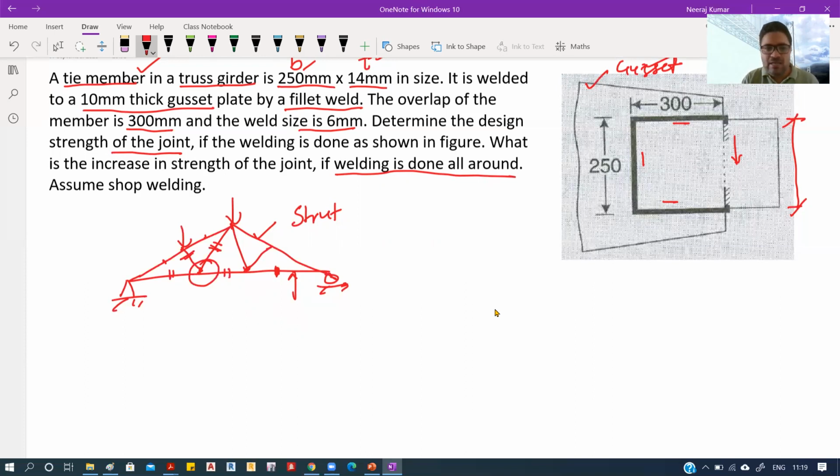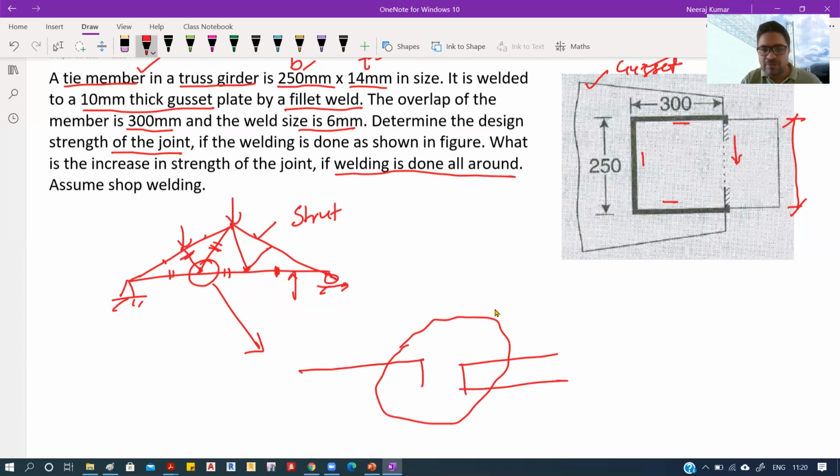If I enlarge this joint, I can see that there is a common plate where one member is coming like this, the other member like this, the third member like this, and the fourth member like this. This common plate which accommodates these four members is called the gusset plate.